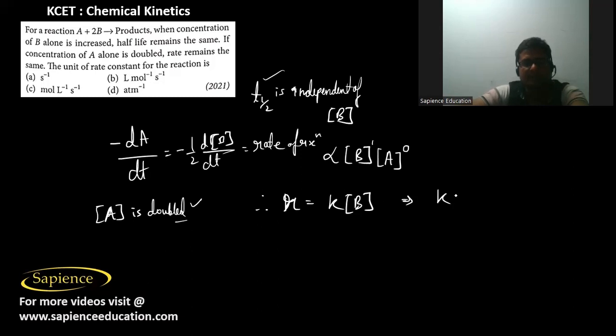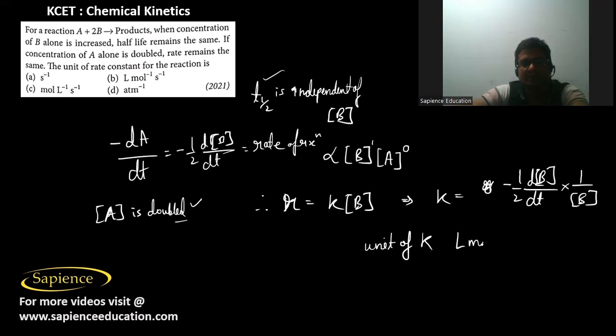Now, therefore, the rate constant will be equal to rate, that is minus half of dB by dt, into 1 by concentration of B. So the unit of the rate constant will be mole per liter per second divided by mole per liter.